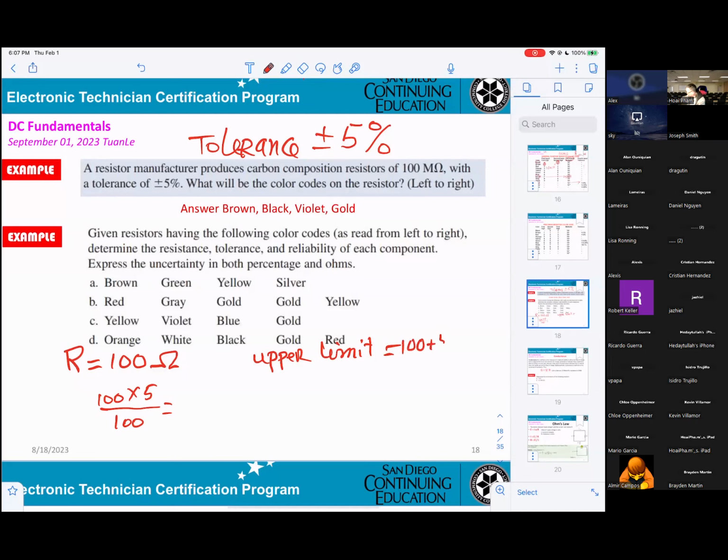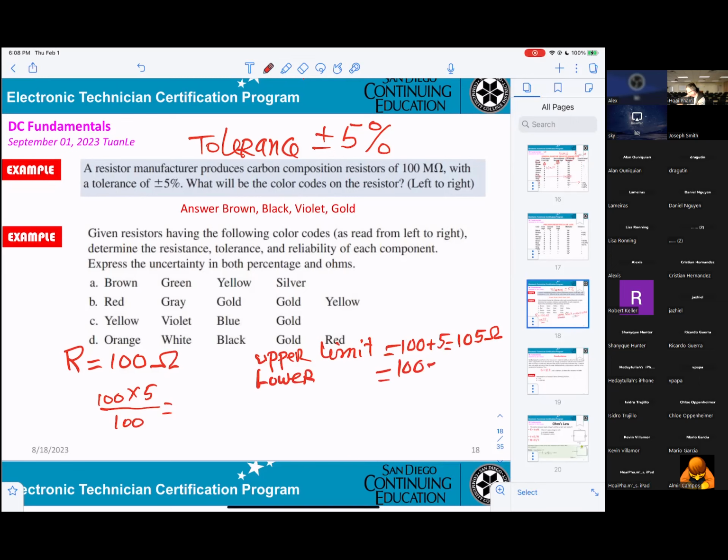That plus 5, 105. And then there will be the lower limit: 100 minus 5, 95. Perfect. 95 ohm.